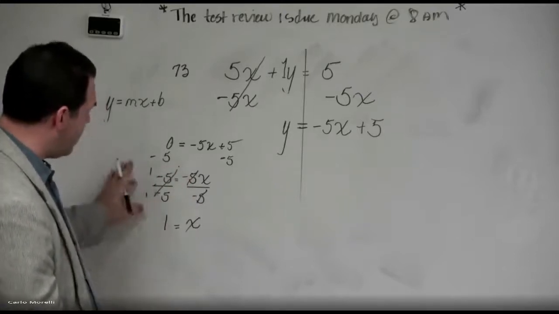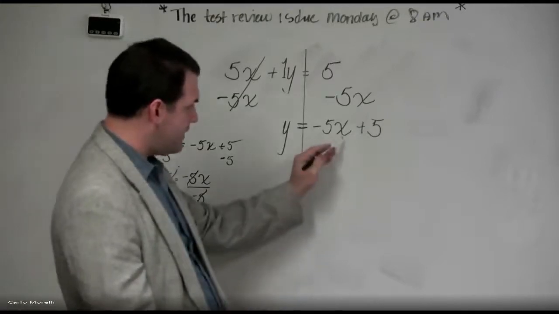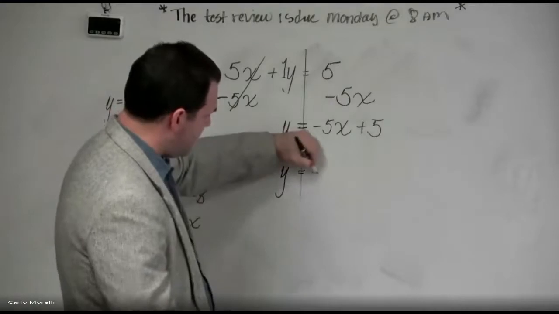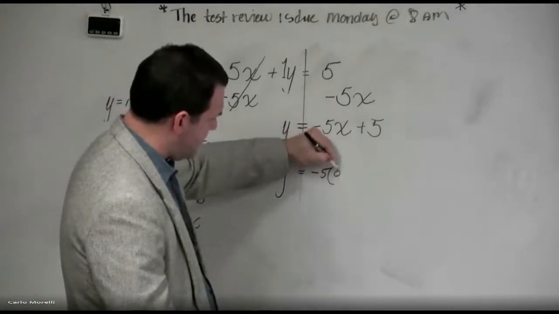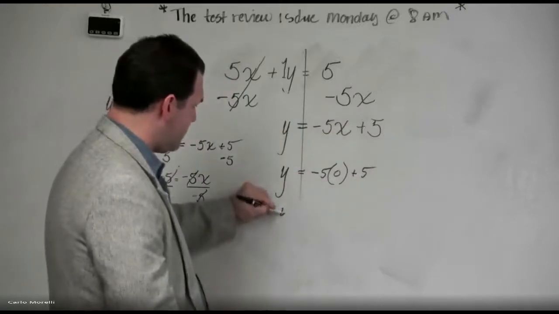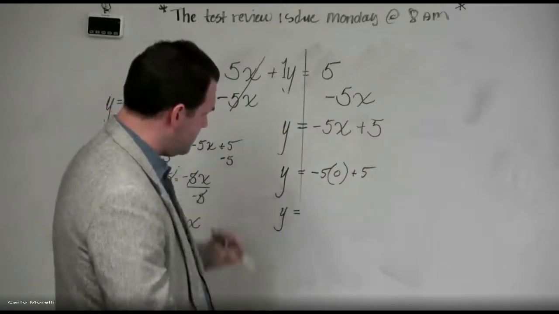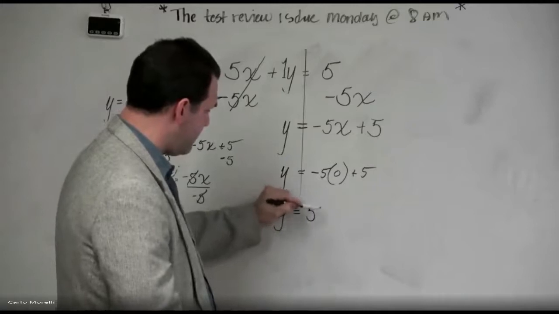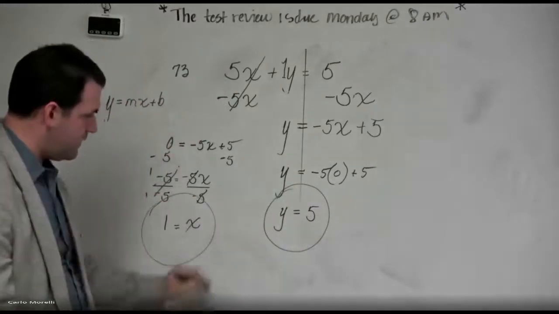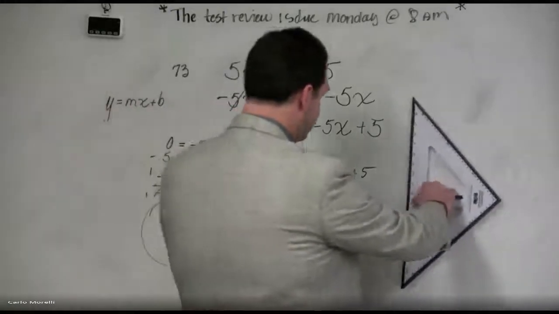And now to figure out where it crosses the y-axis, I replace the x with a 0. So I'll have y equals negative 5 times 0 plus 5. So negative 5 times 0 is 0. So y equals 5. So I'm crossing the x-axis at 1 and the y-axis at 5.